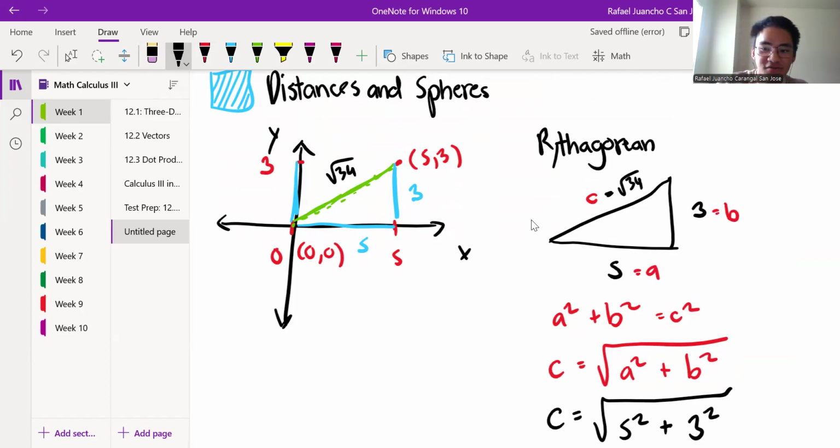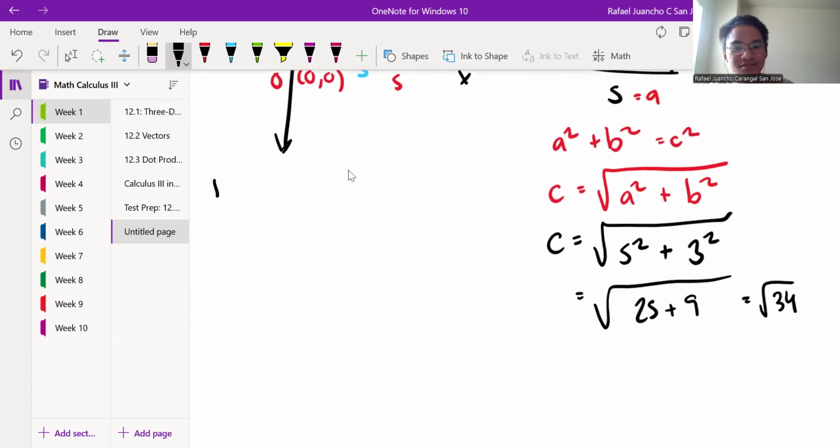But we actually have another formula for computing the distance here, and we call that the distance formula. I know, very original.